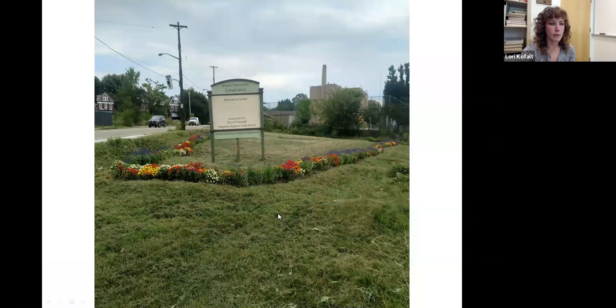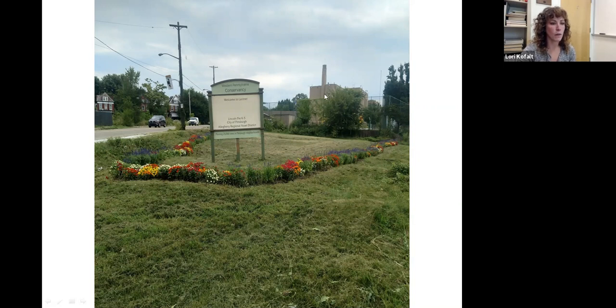It has been a community garden of ours since 1995 on a vacant lot. And it was a garden that we planted every year with annual flowers in the bed here, which you can see. And the students and staff at Lincoln Pre-K through 5 volunteered with us every year.